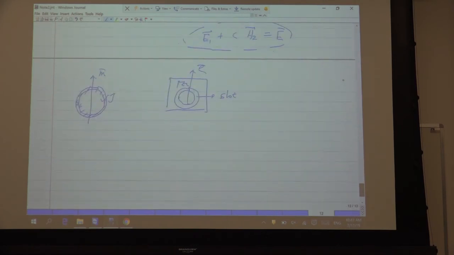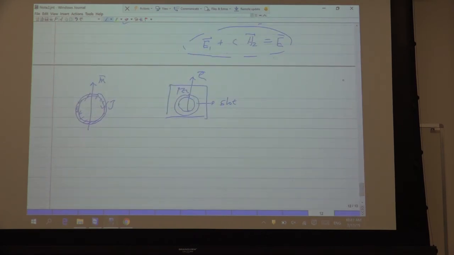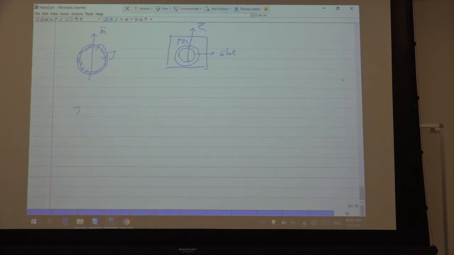We also learned that there's a very important wave equation: del cross epsilon inverse del cross H equals k0 squared H. This is the eigenequation. For another eigenequation, del cross mu inverse del cross E minus k0 squared epsilon_r E. This is the eigenequation for the Maxwell equation.